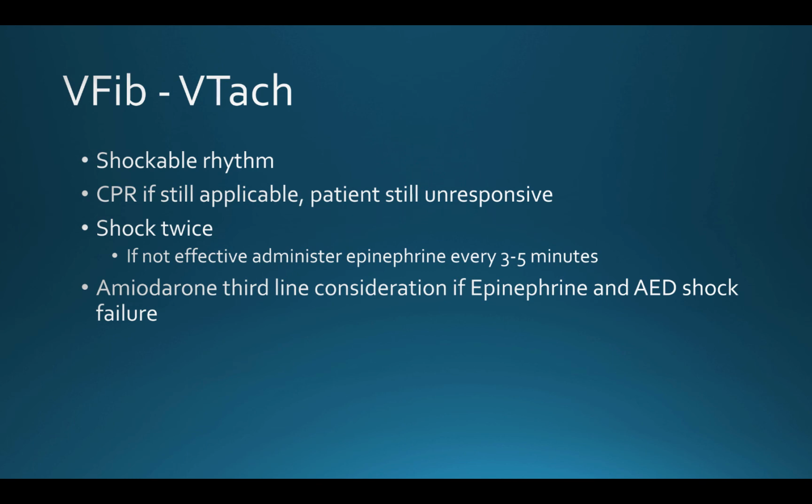As we get a patient into a more acute setting, or in an ambulance where we potentially have medications available, if shock is ineffective in these rhythms, then we're going to give epinephrine every 3 to 5 minutes. If epinephrine and AED shock fail, kind of a last line, third line effort is amiodarone.